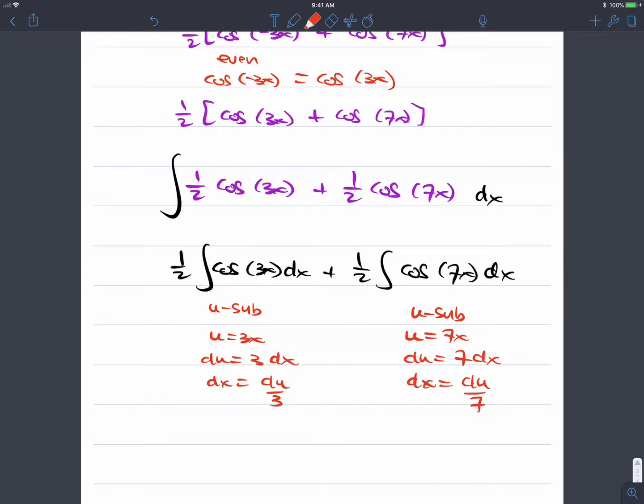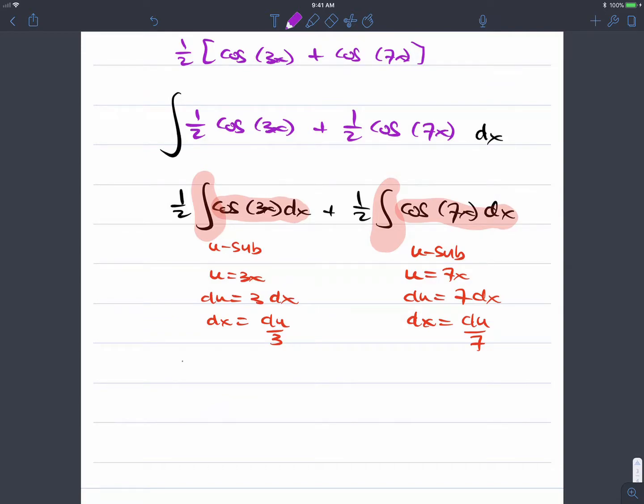We're going to integrate these functions here. So what we end up with now is going to be, let's integrate these. I want to remind you guys, this becomes 1/3 sine 3x, and this is 1/7 sine 7x.